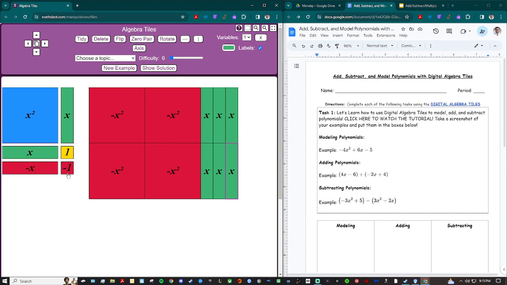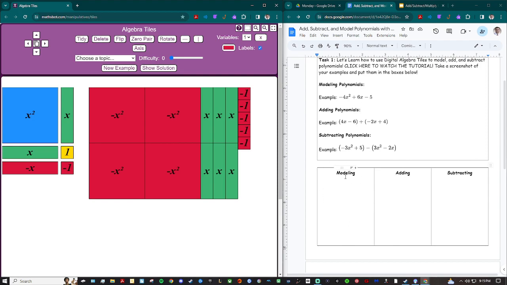So I'm going to grab my single digits, and I need 5 negative 1s. 3, 4, 5. Here's how we model a polynomial. So this is negative 4x squared plus 6x's minus 5. And that's how you model a polynomial. So go ahead and get this done. Take a screenshot and place it in your modeling box.